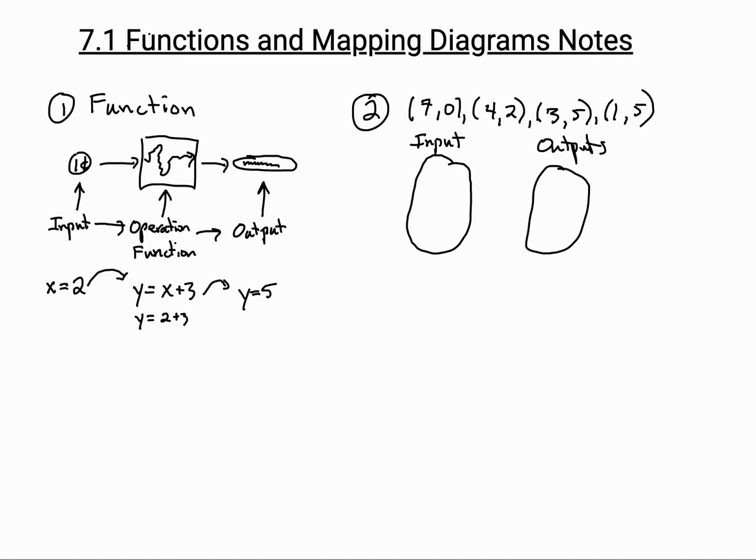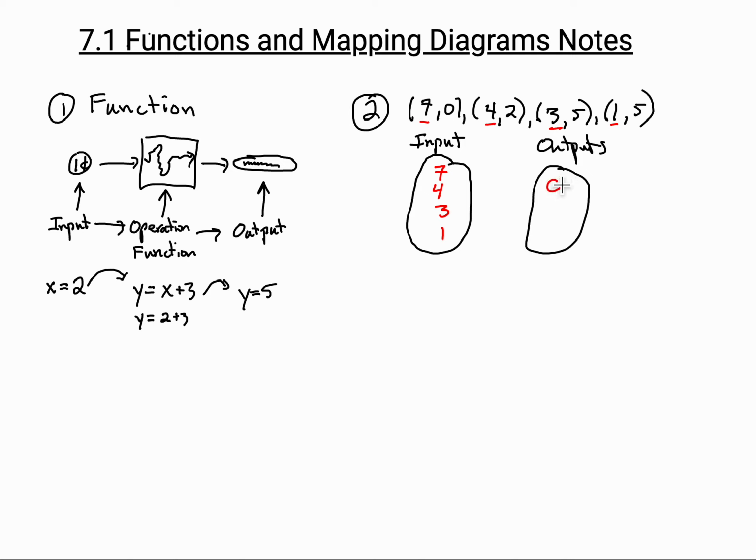So now what we're going to do is take our coordinate pairs and put them in. I notice that I have a 7 for my input, a 4 for my input, a 3 for my input, and a 1 for my input. Now my outputs are over here, the y's. So I have a 0, a 2, a 5, and a 5.